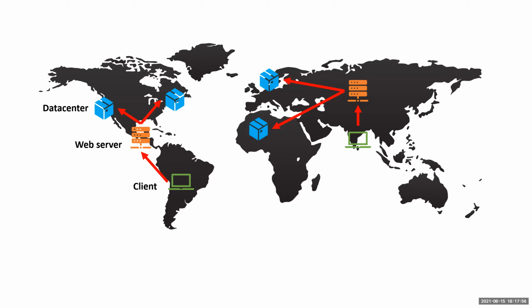For example, when a client sends out a data request, the request is forwarded to the client's nearest web server. The web server then redirects the request to one or more data centers storing replicas of the requested data object. In order to guarantee the quality of user experience, a web application developer sets a latency requirement, a service level objective, for data requests.